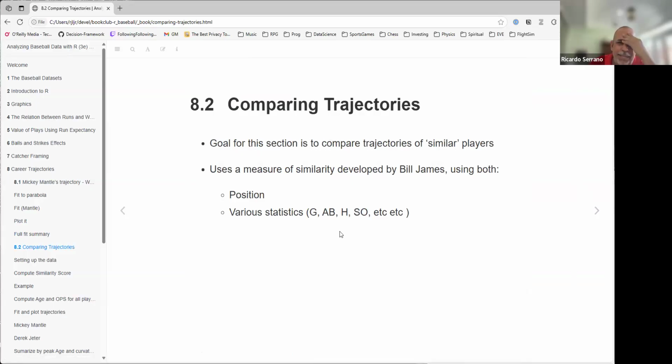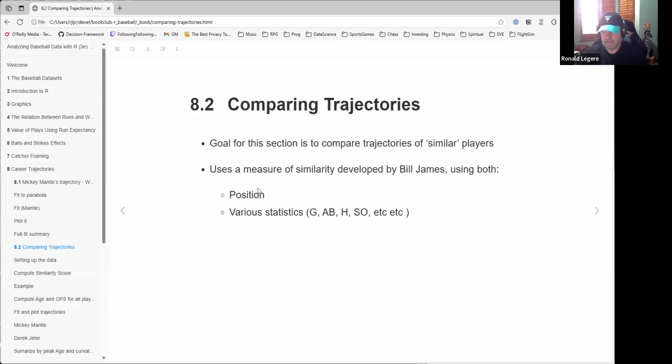What's interesting is that the author selected Mickey Mantle because I don't know if you have watched the Ken Burns baseball history. Some of it actually, I need to get back to that. It's about 13 episodes. It's pretty deep.